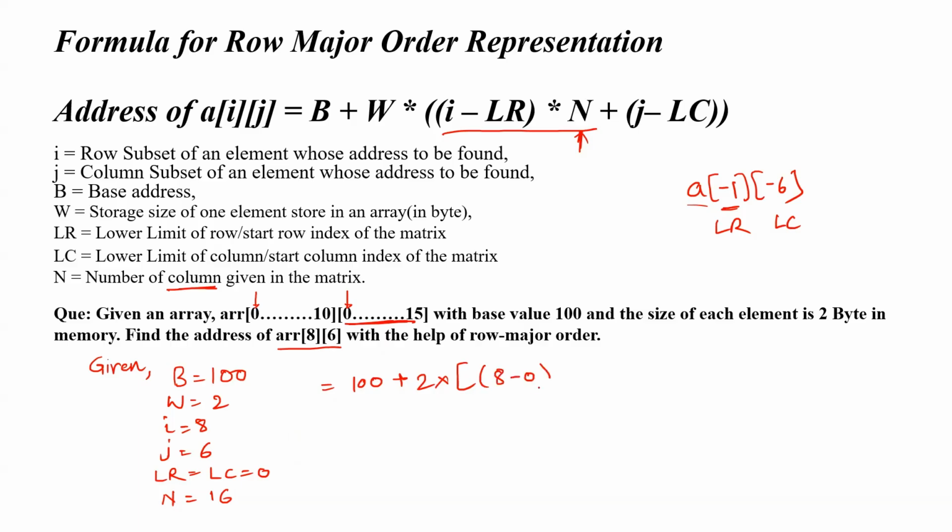It is 8, 8 minus 0 multiplied by 16 plus J value. J value is 6.